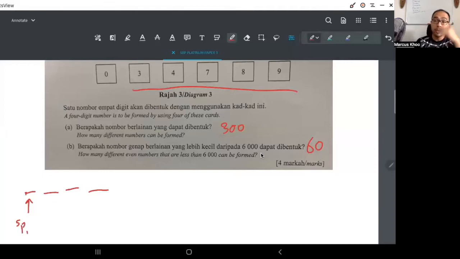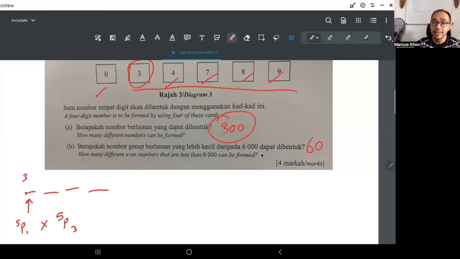Okay, once you have picked 1, then you are left with 5 numbers. Let's say I pick number 3. Okay, so if number 3 is here, then I will have 1, 2, 3, 4, 5 numbers left. So 5 pick 3. Okay, so 5 pick 1 and 5 pick 3 will give you the answer 300.